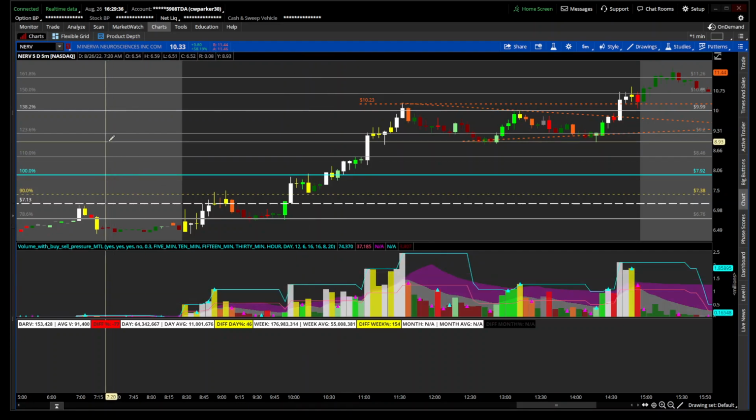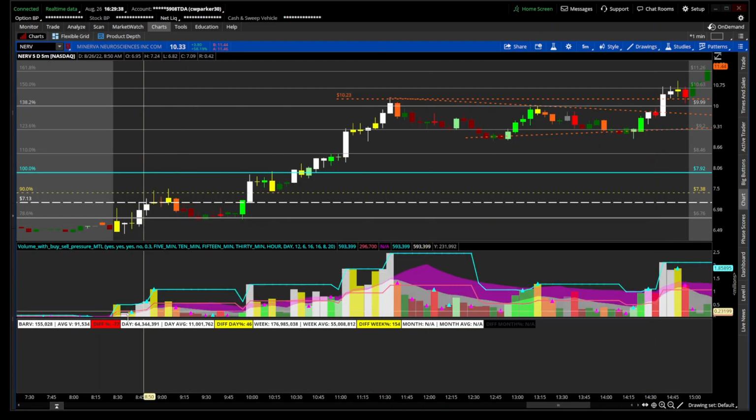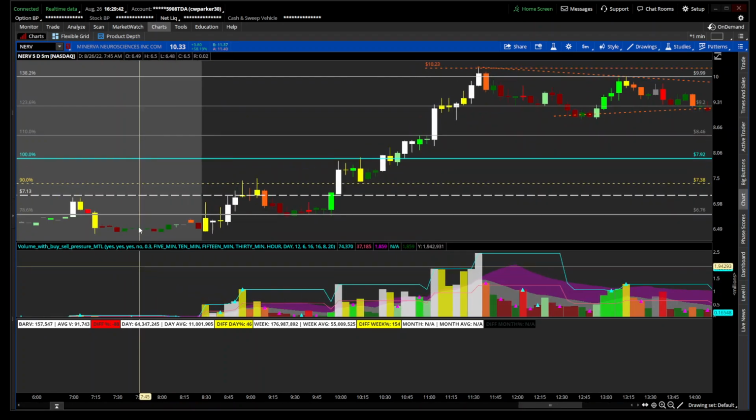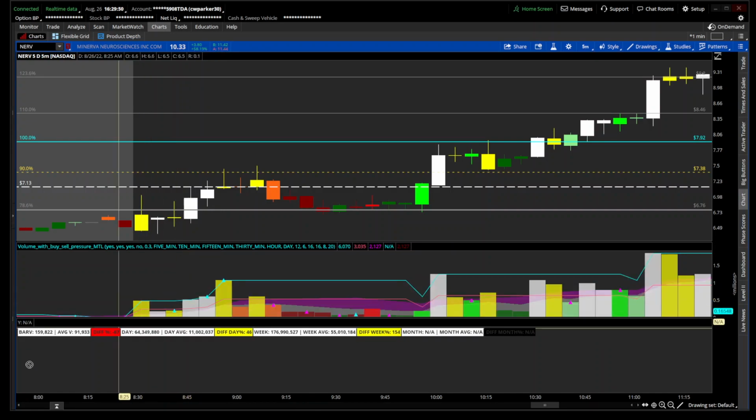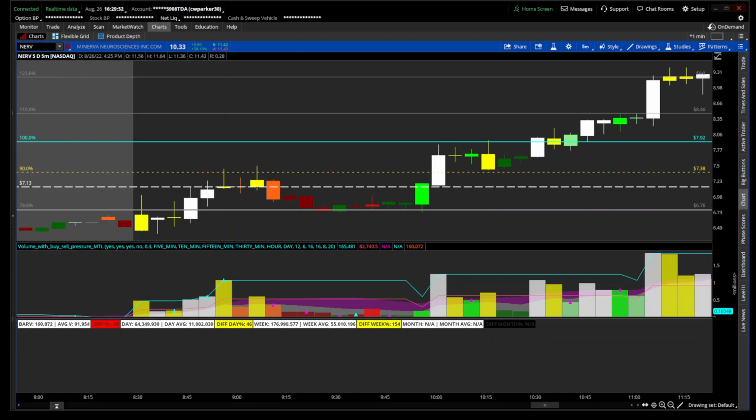One of the things I wanted to point out in here is it has irregular body things as well. So you can see with this candle right here, if you're a student of Anna Coulling, her book is called, I think, The Ultimate Guide to Volume Price Action, if I remember correctly.